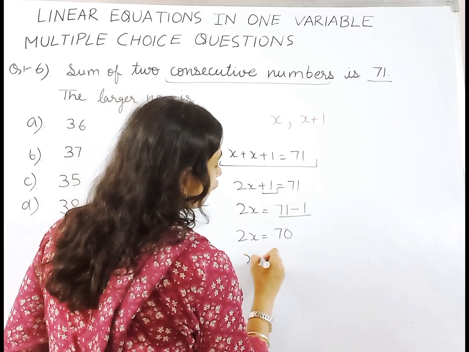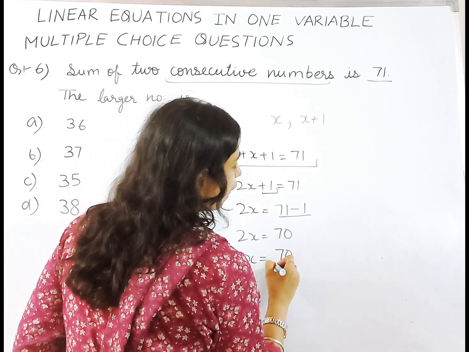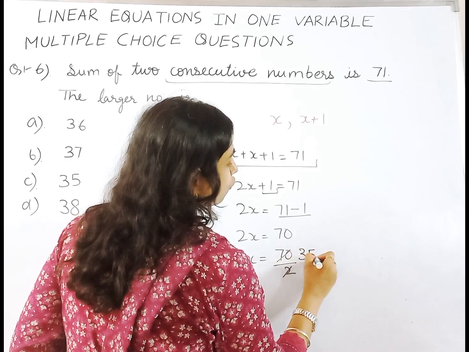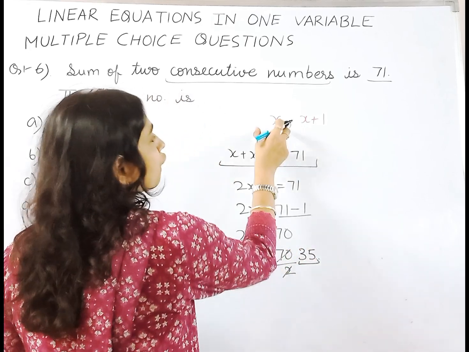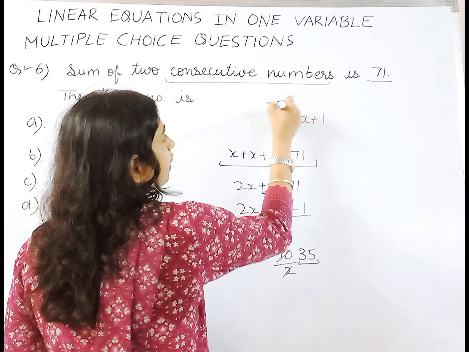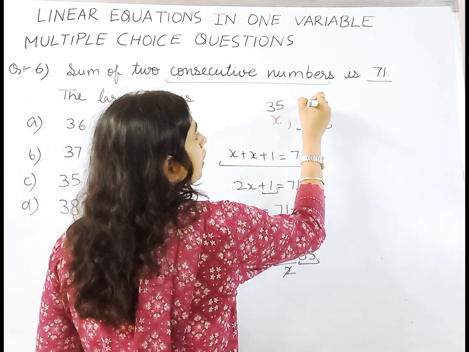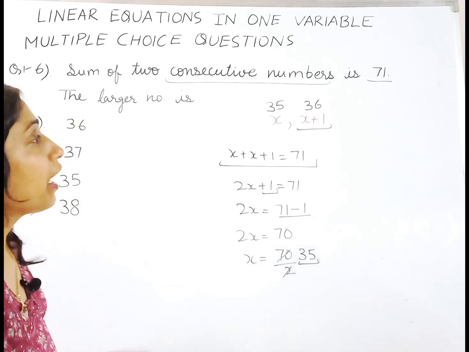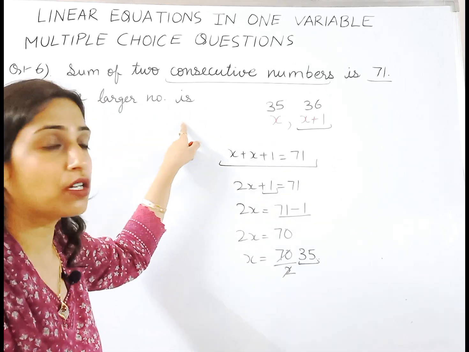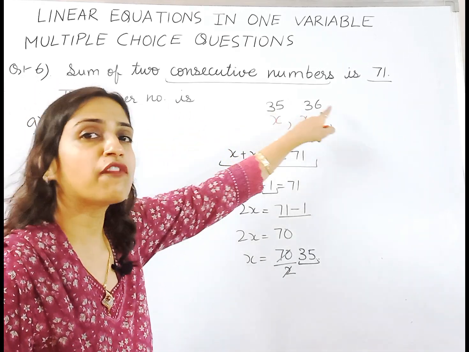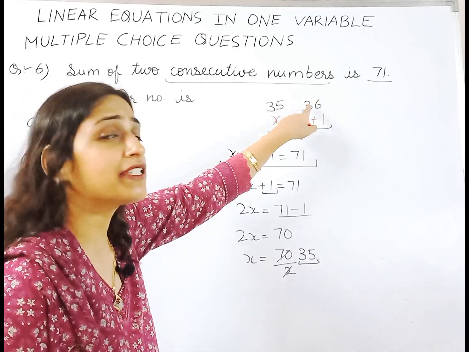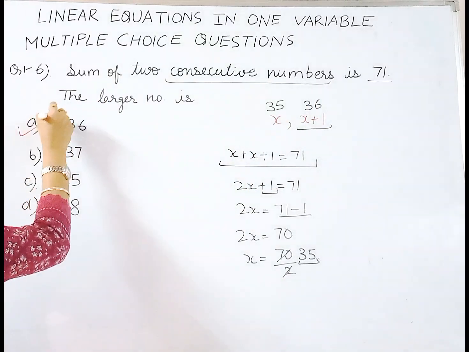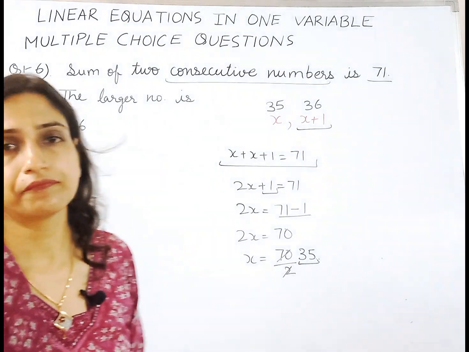Now x comes out to be 70 divided by 2, which is 35. So the first number is 35 and the second number becomes 36 because they are consecutive numbers. We have to tell the larger number, so the larger number out of 35 and 36 is 36. So the answer is option number A, 36.